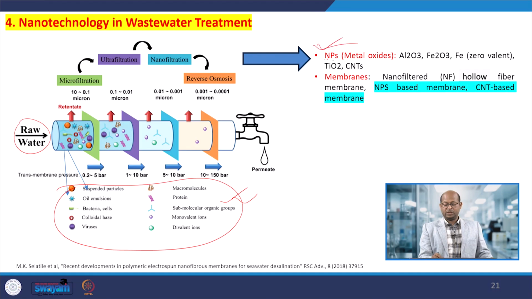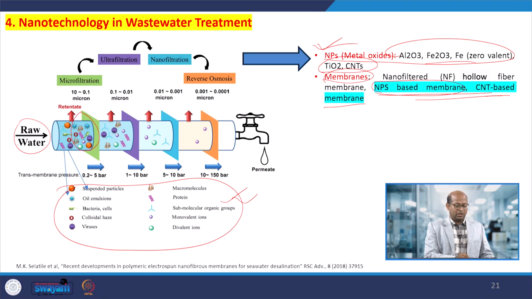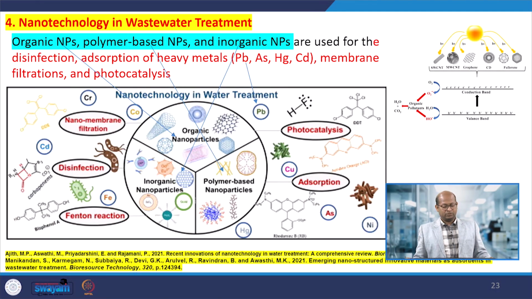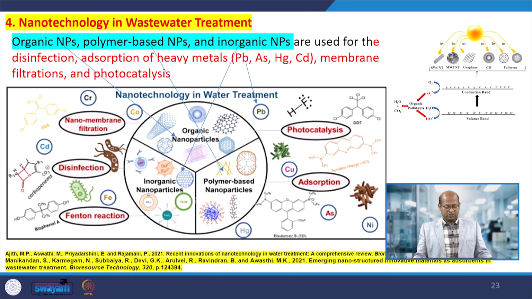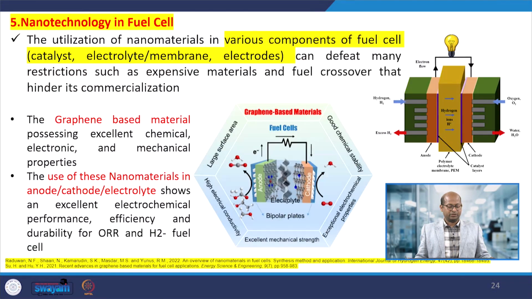If we use this type of nanomaterials, zero valent iron, titanium, and membranes modified as CNT modified membranes or nanoparticle modified membranes, then when it is passed through this process, we can kill them, filter them out, and then we can get treated water. Here for many contaminants, organic based, inorganic based or polymer based nanoparticles can be used to separate out heavy metals, pathogens or different microorganisms. That I have already discussed for wastewater treatment.